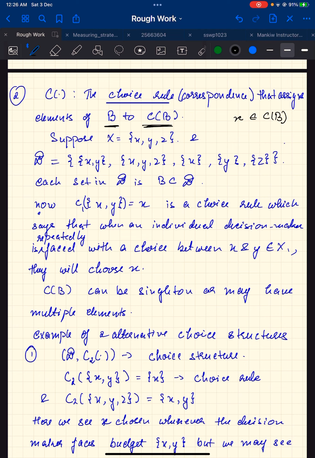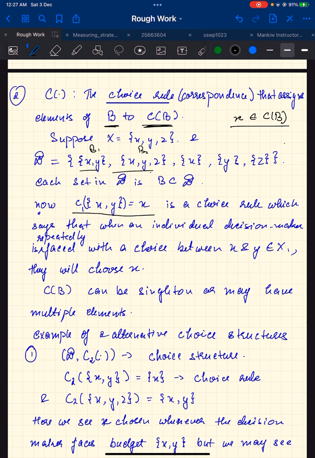So again, if curly B is a family of budget sets {x, y}, {x, y, z}, etc., and each of these elements is a budget set, then if we say that x is in the choice set of B, we are essentially saying something like this.